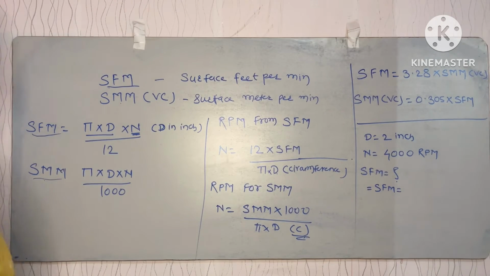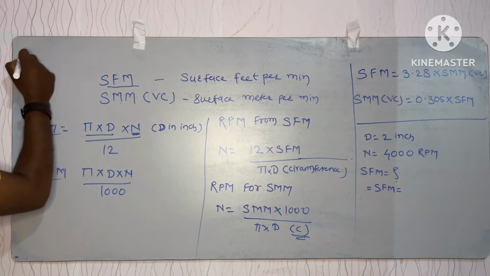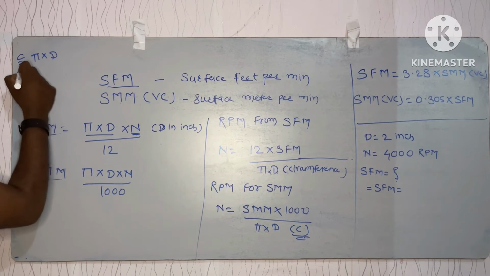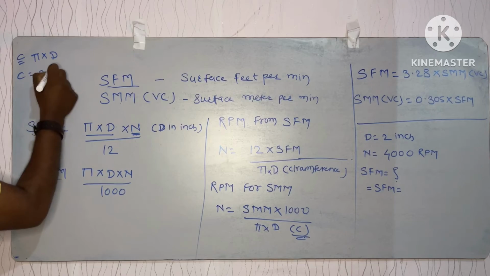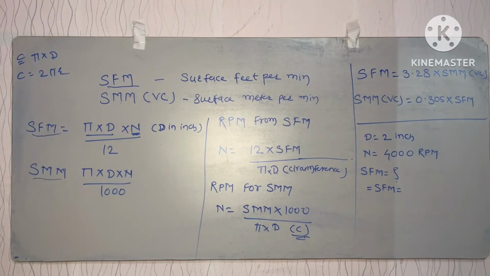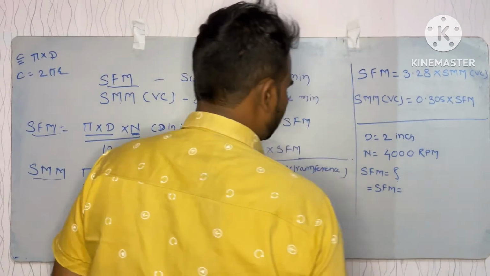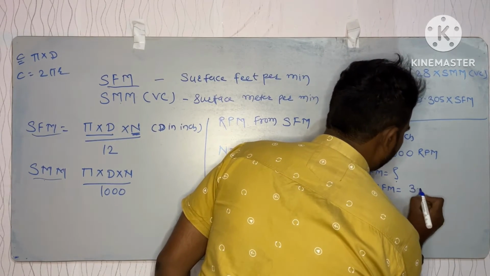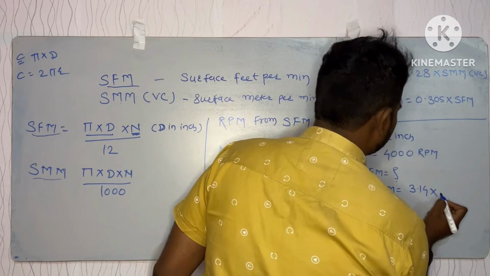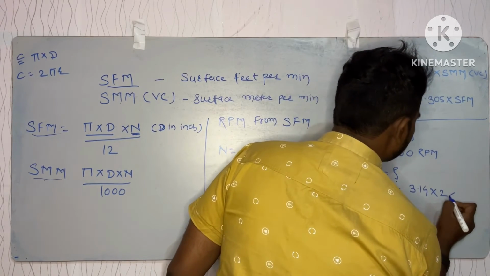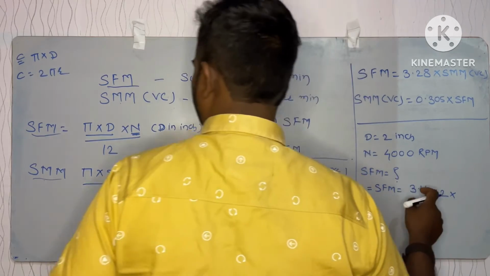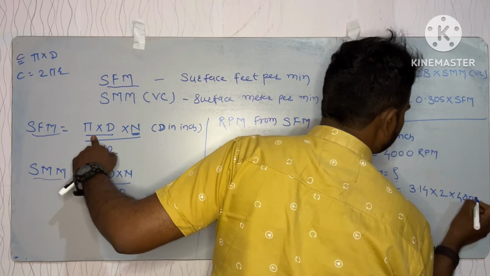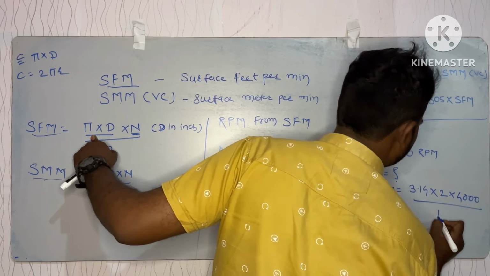SFM is equal to pi into D, which means circumference. We know the formula of the perimeter of a circle: circumference is equal to pi into D, or 2 pi r. So SFM is equal to pi D N by 12, which is 3.14 into diameter 2 inch into 4000 by 12.